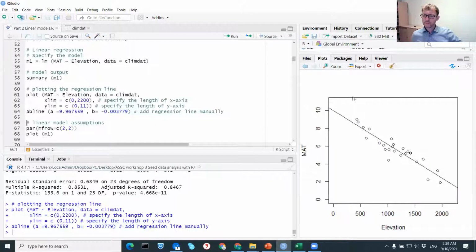But now I have another question for you. Do you think our model is good? Can we really trust those results? So what do you think? Can we just go on and use those data to publish the paper saying that there is a strong negative relationship between elevation and mean annual temperature in our data set? Are you happy with that?